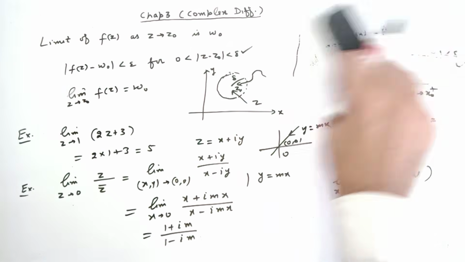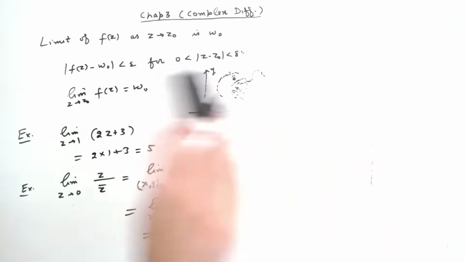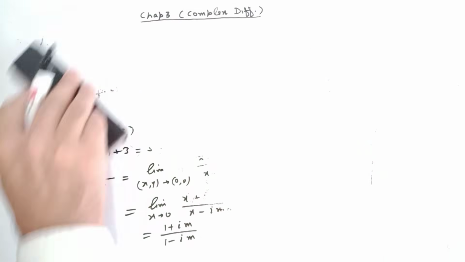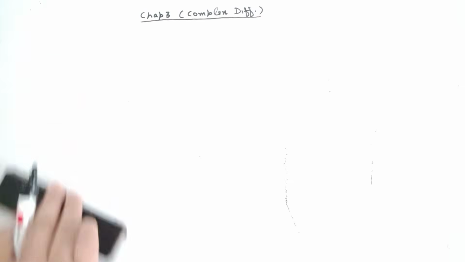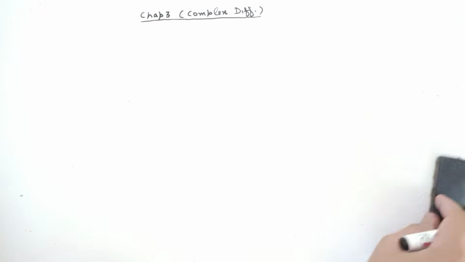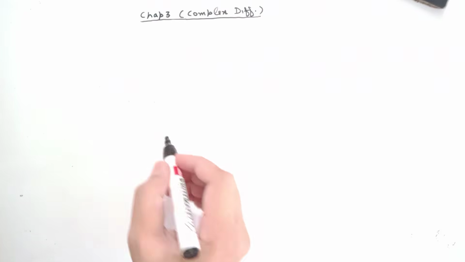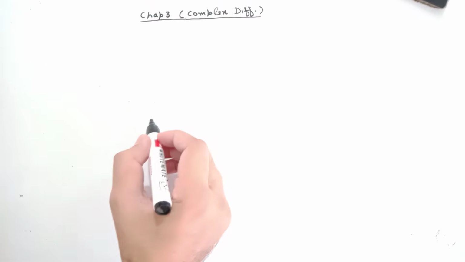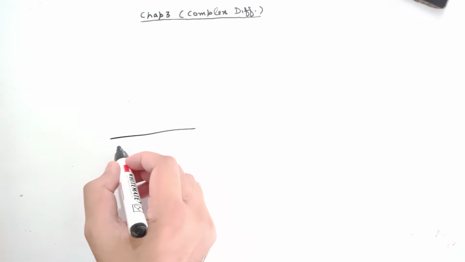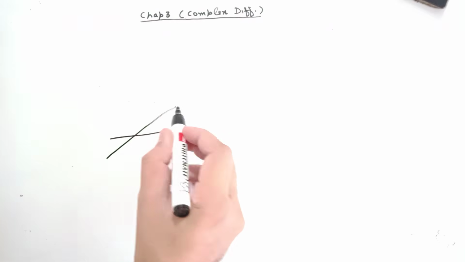Next is, how do we interpret infinity in the complex plane? That is called the extended complex plane. Consider the x-axis and y-axis, meaning the xy plane.